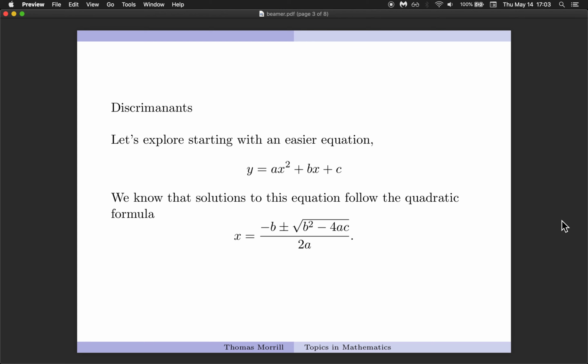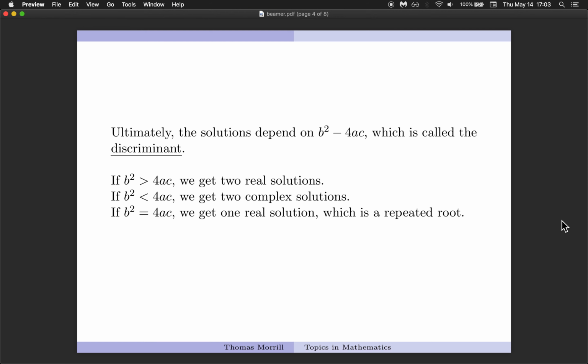So there's only really 3 things that can happen when I'm comparing 2 real numbers. Well, one could be bigger than the other, right? One could be smaller than the other, or they could be exactly the same. And those 3 possibilities are going to give me the 3 possibilities for the solutions of a quadratic.